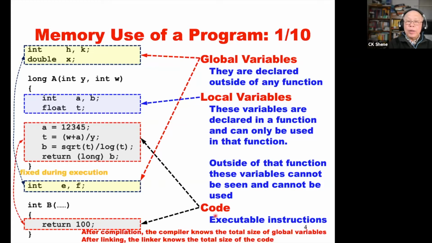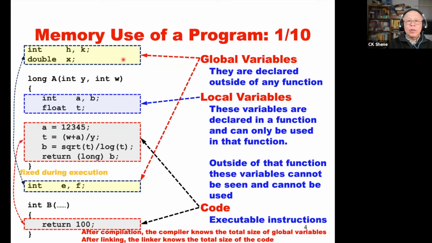Now, it's very interesting to understand the following two concepts here. After compilation, suppose we have this .c file, then the compiler will compile this file to a .o. After compilation, the compiler knows how many global variables there are.